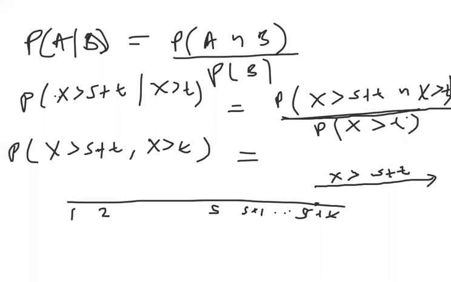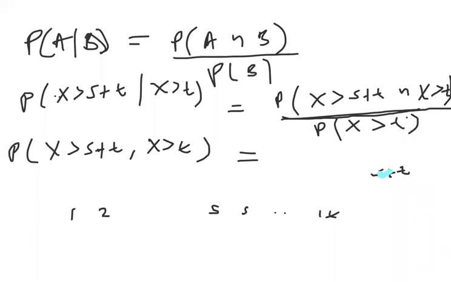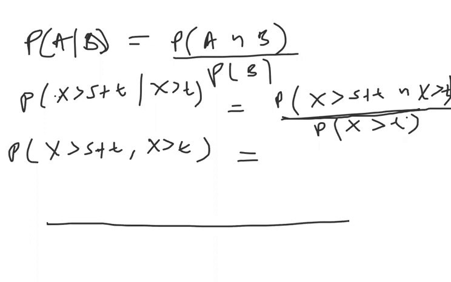Let me draw the number line again to explain it so you understand. Let me clear this. Let's say this is our number line, and we are starting from 1. We have the point t, and then we have s plus t somewhere here.